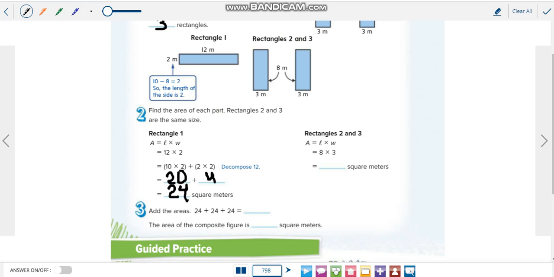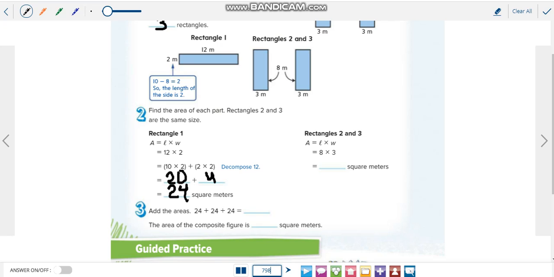So our first rectangle has an area of 24 square meters. Remember, the M means meters. So rectangle number 2 and 3 are going to have the same area. So we're only going to do one exercise for both rectangles.